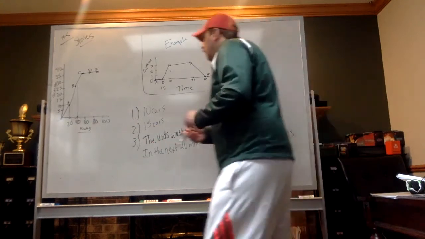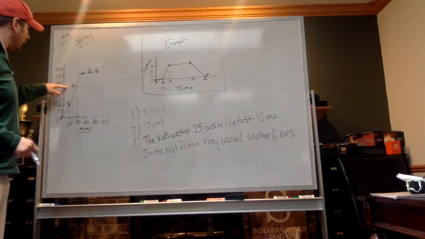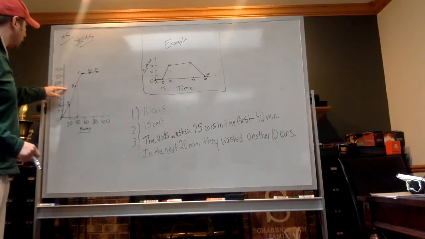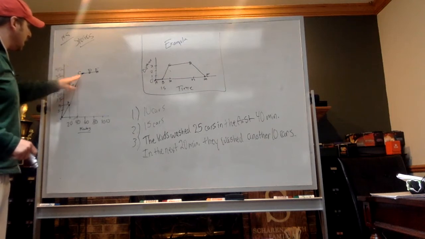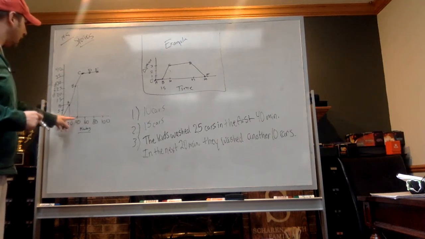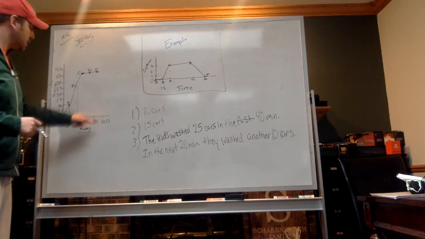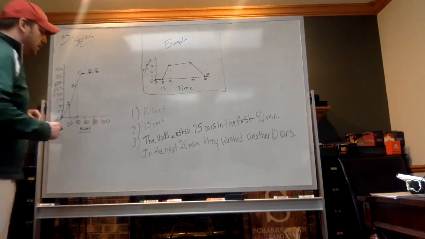And now we talked about, from A to B, in 40 minutes, they washed 25 cars. Now from B to C, which is another 20 minutes, they washed another, 25 to 35, is 10. Now we have to make up what happened from C, D, and E. And that's from 60 minutes to 100 minutes. So that's another 40 minutes.